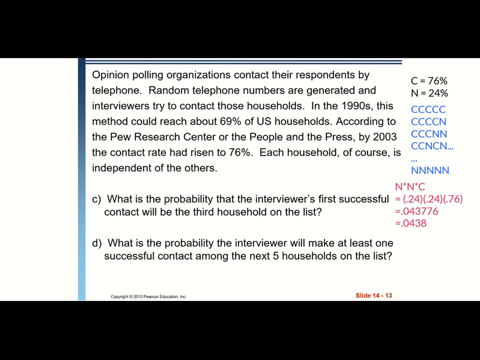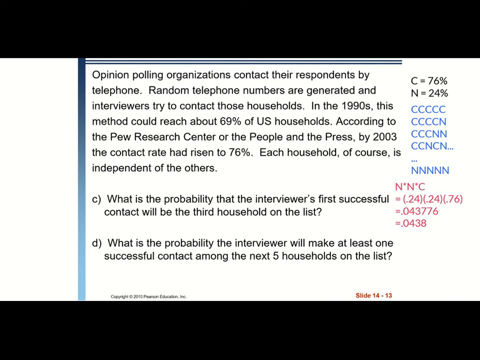We could end up contacting all 5, or not contacting all 5, and there's a whole bunch of scenarios in between those two that are a mix of contacts and non-contacts. Now we want to find the probability of making at least one successful contact in the next 5 households. If we were to make this whole list, which by the way is not the correct way to write out the sample space, it should give you an accurate idea of what we're doing here.